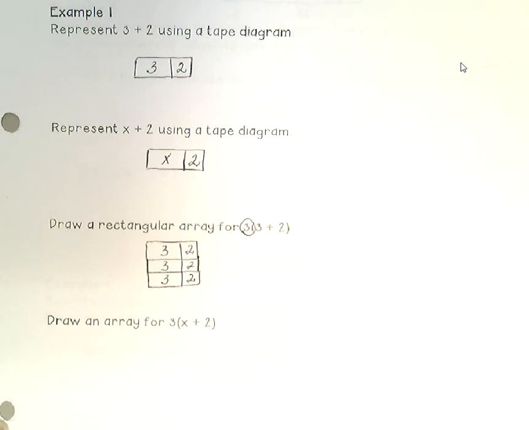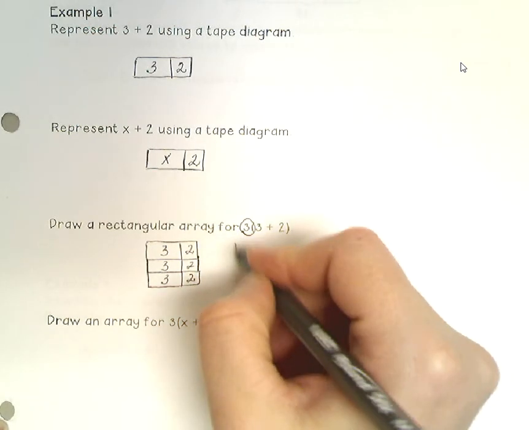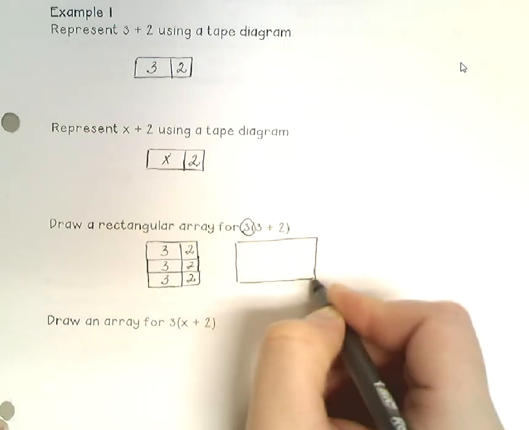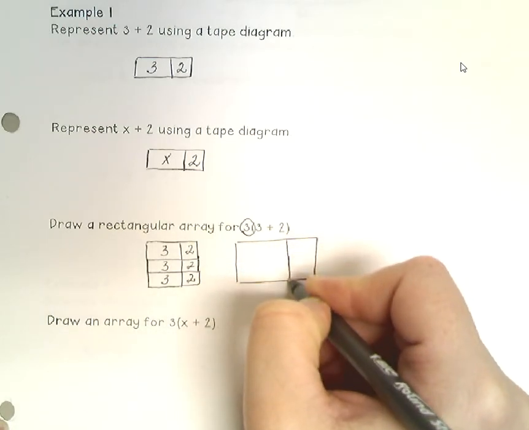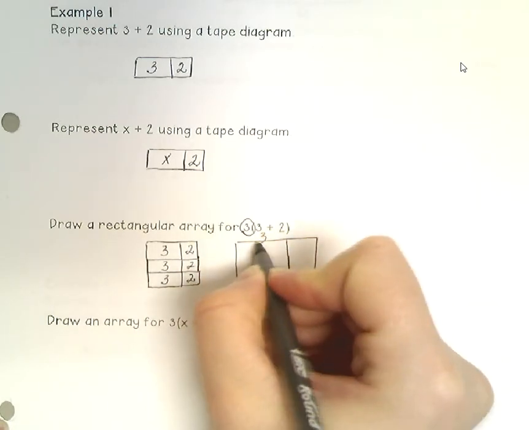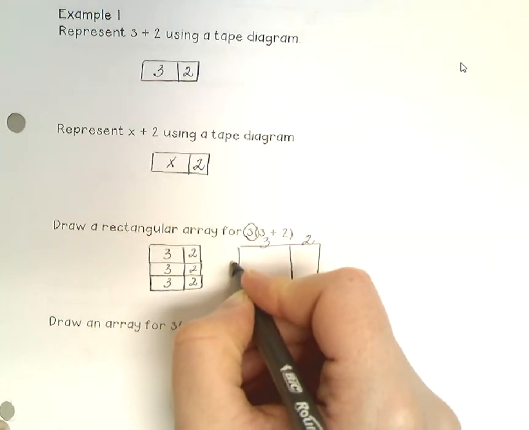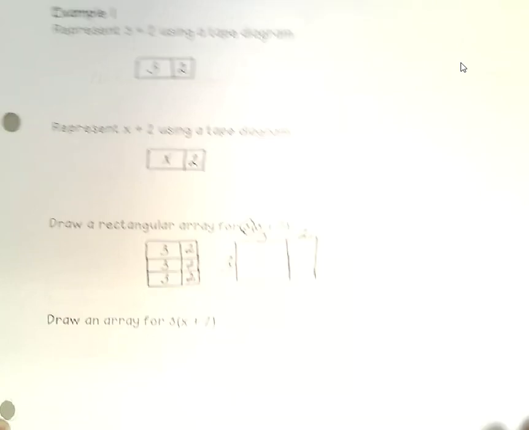I can do it this way, or I can do it this way. So this is 3 and this is 2. I know it's 3 plus 2, and I repeat it. I take 3 groups of them.